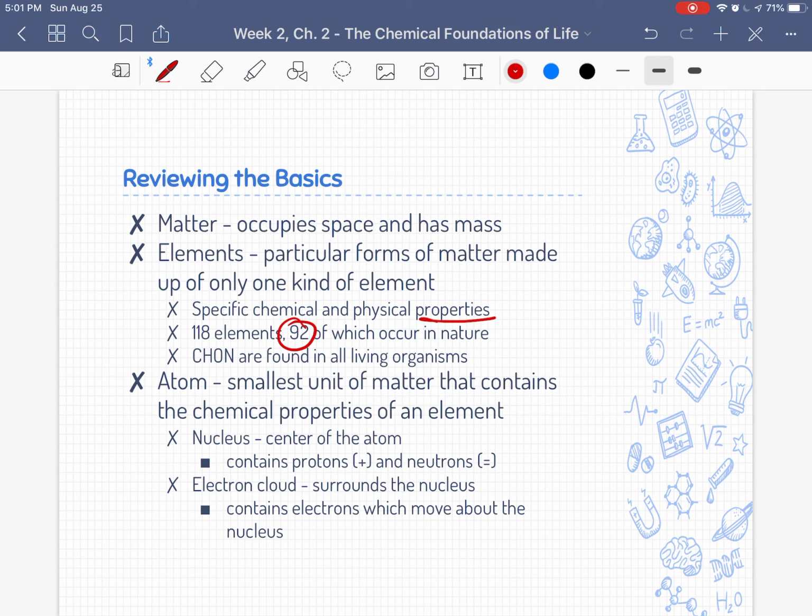Now, there are synthetic elements. There are elements that are seen only for a brief amount of time before they radioactively decay, but 92 of the known elements are found in nature.